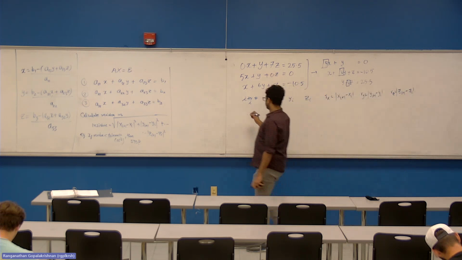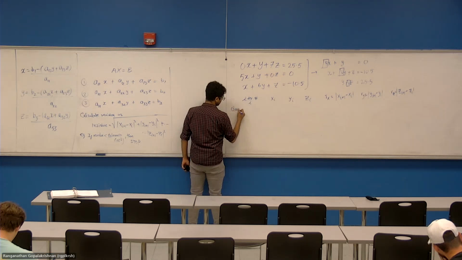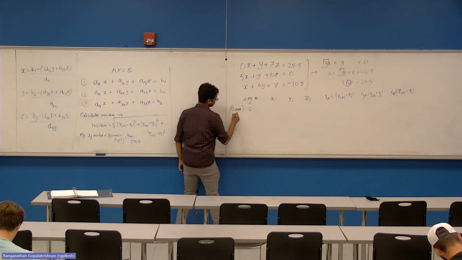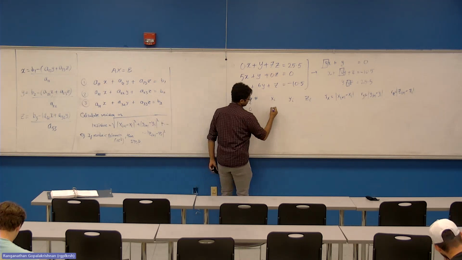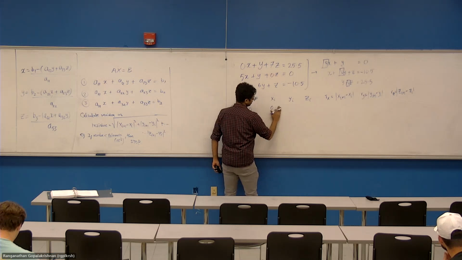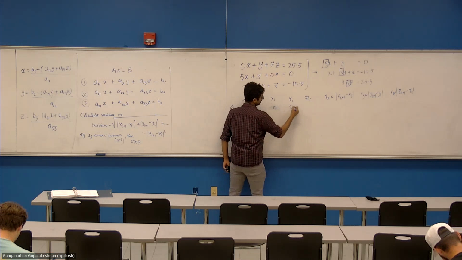For the first iteration, which is our guess, we'll call it iteration 0. We'll guess 0, 0, 0.